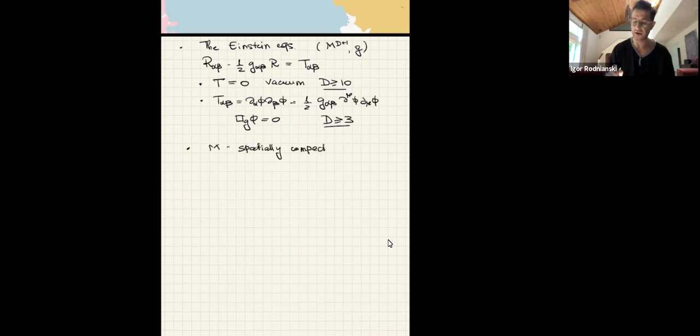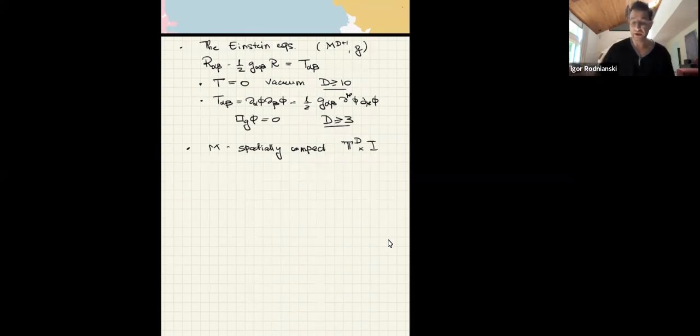And in fact, you can simply think that this is going to be a product of a d-dimensional torus times an interval, where the interval is going to play the role of time. So the topology is simply the torus topology in dimension d.